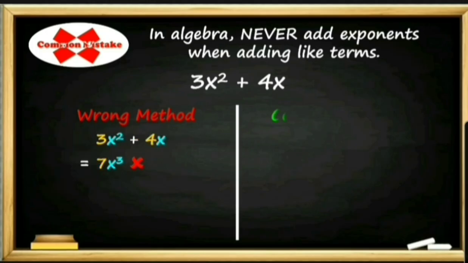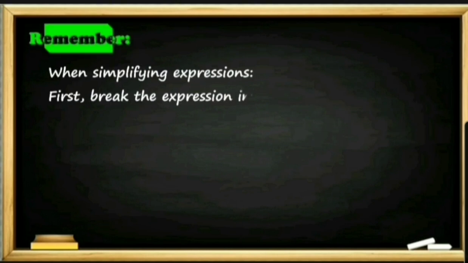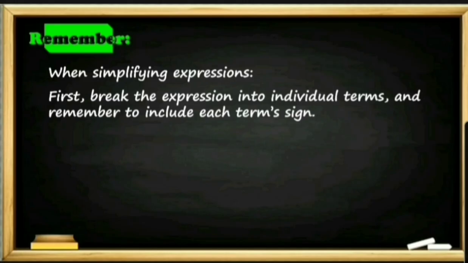The correct way is to leave the terms separate, which means that the given expression is already in simplified form. Notice that one term is an x squared term and the other is an x term. Their variables, or more specifically, their exponents are different, so they cannot be combined. So remember, when simplifying expressions, first, break the expression into individual terms and remember to include each term's sign.